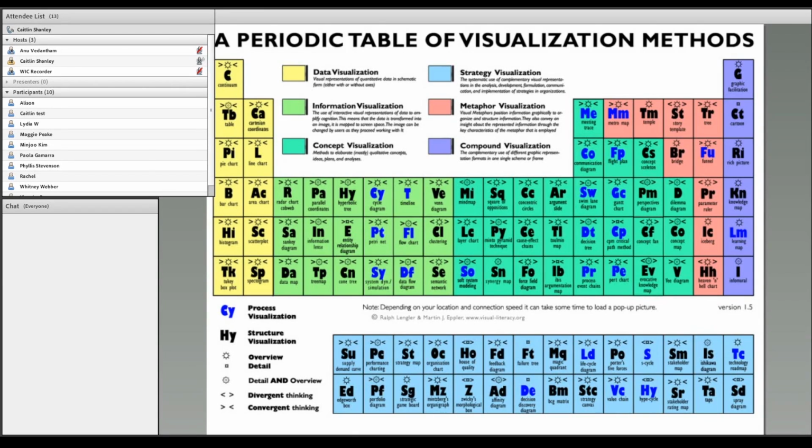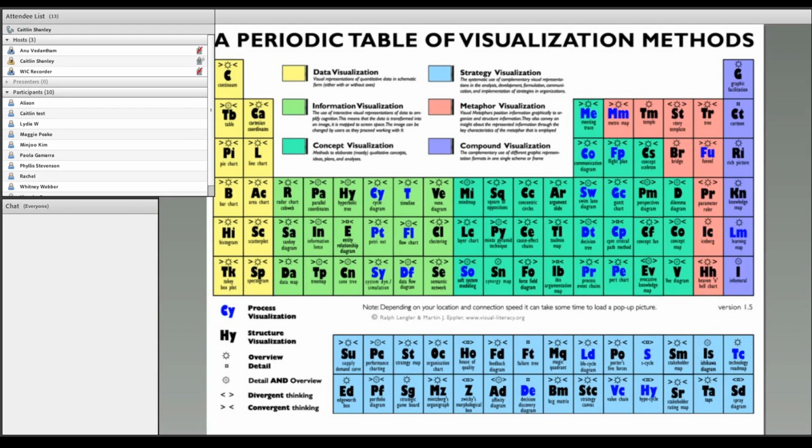If you Google this, you'll see that it is actually a document on the web that has some live pop-ups. When you mouse over any of these individual types of visualizations, it'll pop up showing you an example of that visualization. So you can see the wide range of choices you can make.